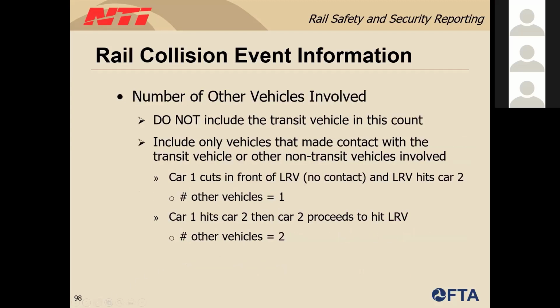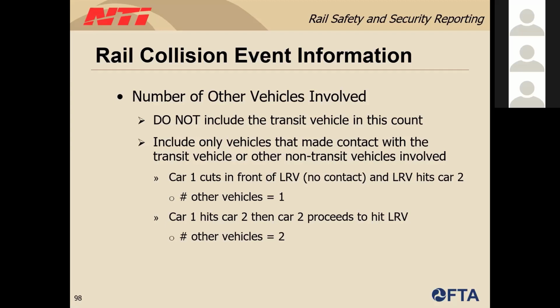Let's look at a few examples of how to determine how many other motor vehicles to report. Please note this box is not the total number of vehicles in the collision. It is only the number of non-transit vehicles involved. So please do not include the transit vehicle in this number. If car 1 cuts off a light rail vehicle, but no contact is made, the light rail vehicle goes on to hit car 2.